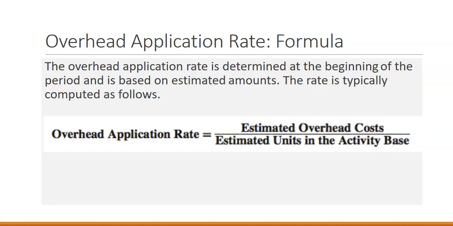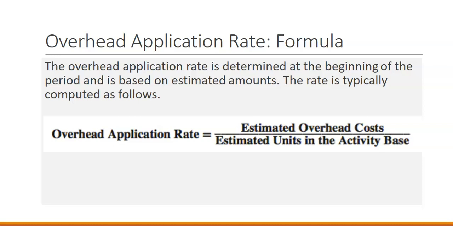And we plan to use 1,000 hours of direct labor. So we divide $100,000 by 1,000. And we get $100. So we say our overhead application rate is $100 per direct labor hour.